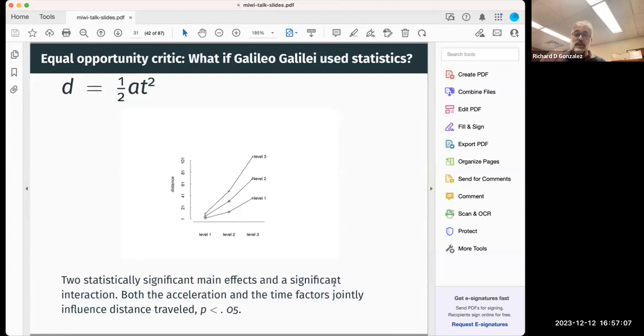I don't have time to go into Galileo, but I can do the same thing for statistics. In statistics, you can take one of Galileo's studies where he was rolling balls down inclines to show the effect of gravity. And he would have determined that gravity impacts how fast a ball rolls down an incline, p less than 0.05.